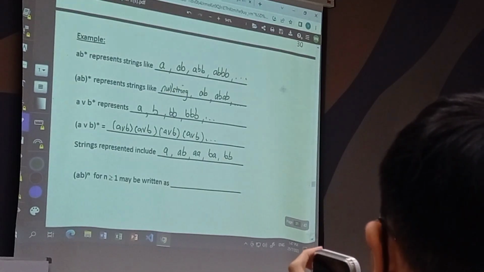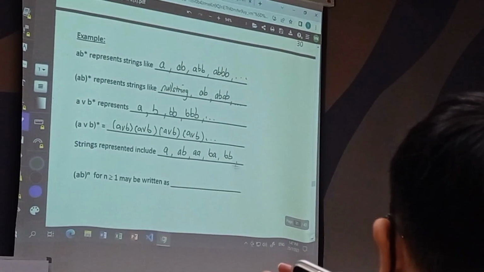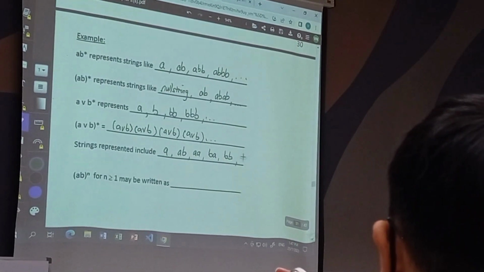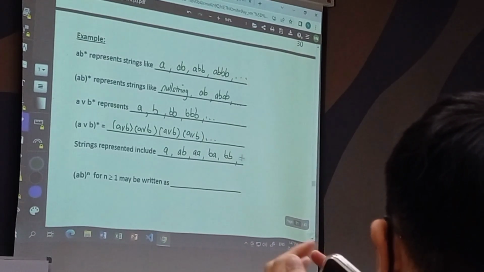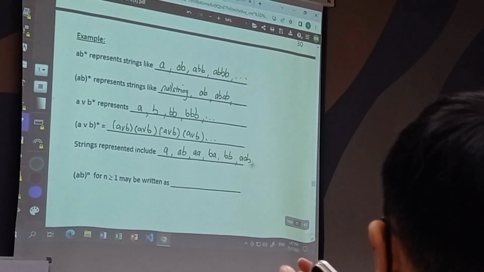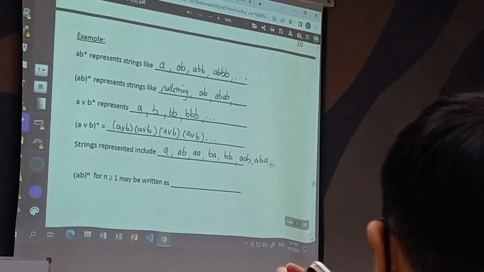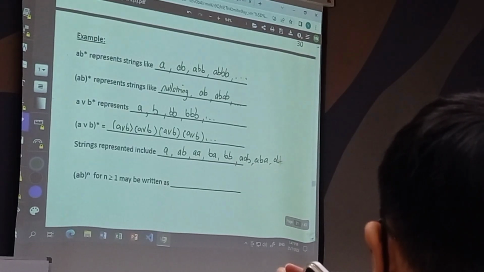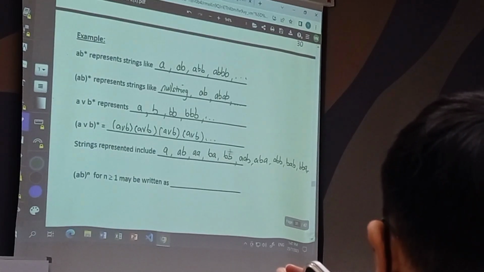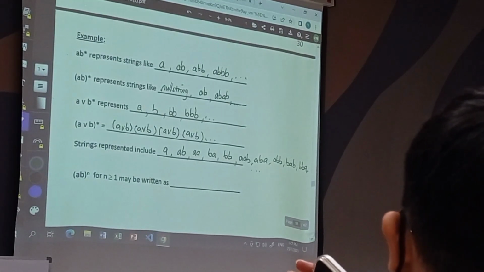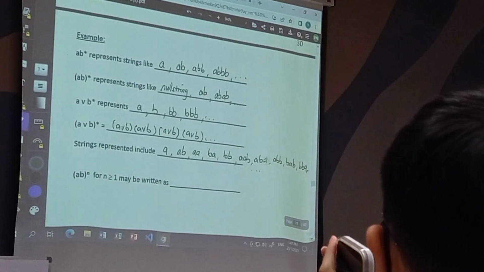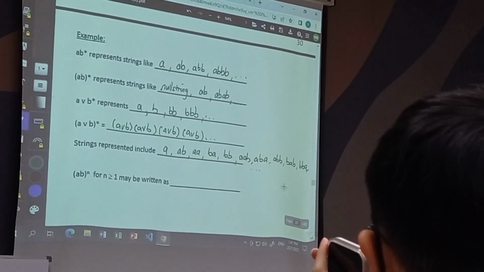Of course, if you go to 3 times, then you can have all the other possible combinations of A and B. So you can have ABA, you can have ABB, BBA, and so on. All these if you repeat 3 times for the loop here. Understand?